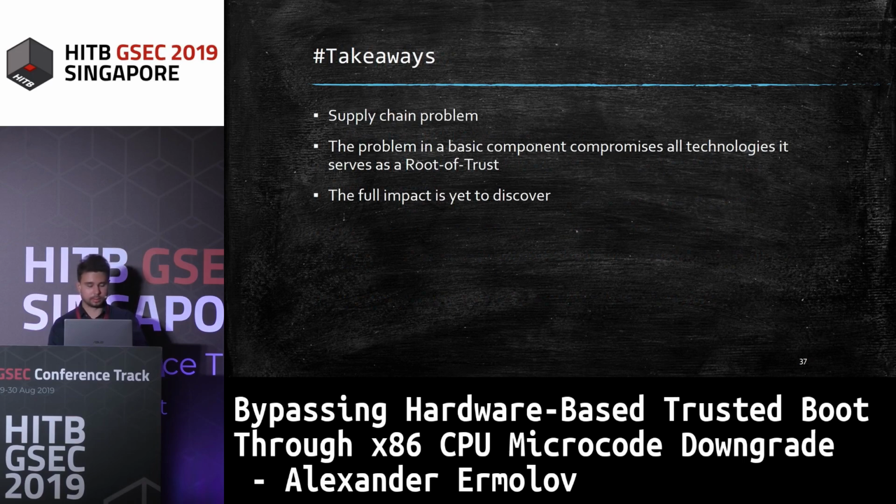So let's see a few takeaways from this problem. This is a supply chain problem, as was mentioned before. The problem exists in a basic component, and we saw how it compromises all technologies for which it serves as a root of trust.